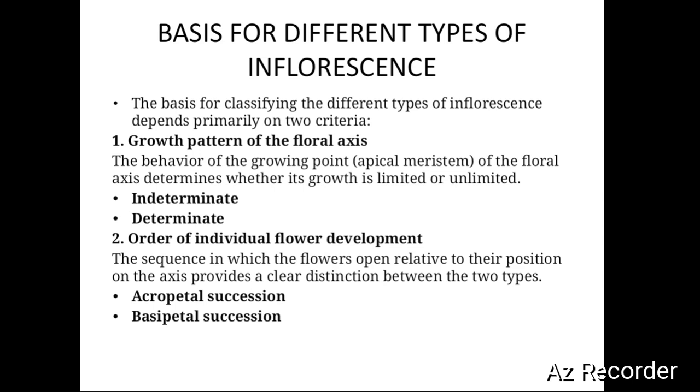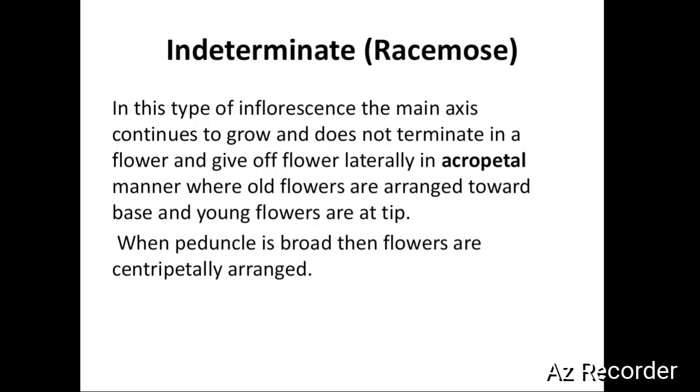And then some others grow in such a way that the old ones are near the apex, or at the apex, while the younger ones grow along the axis, far away from the apex. So that's where we come to indeterminate, which is the Racemose.